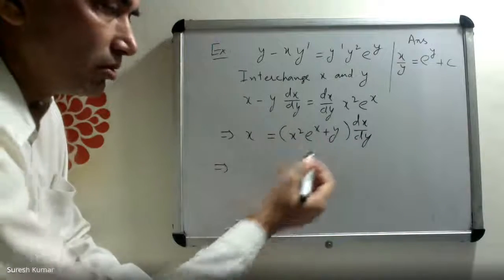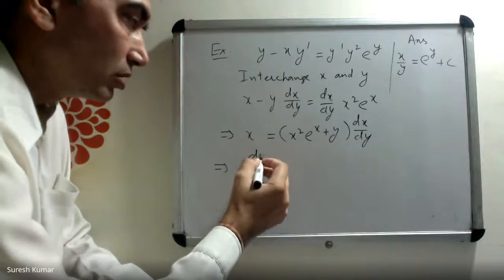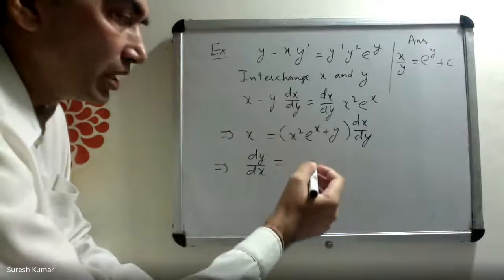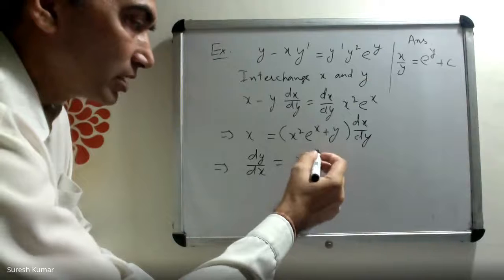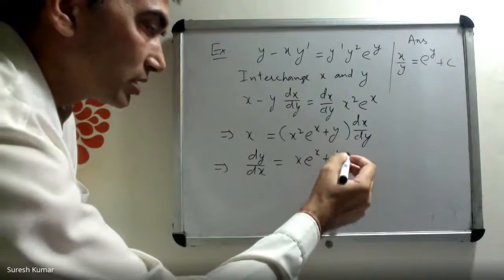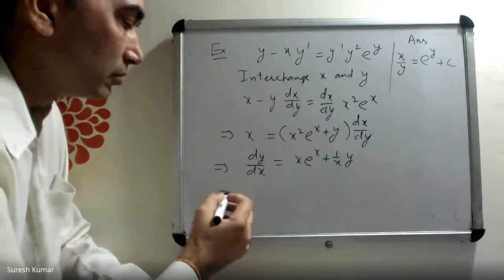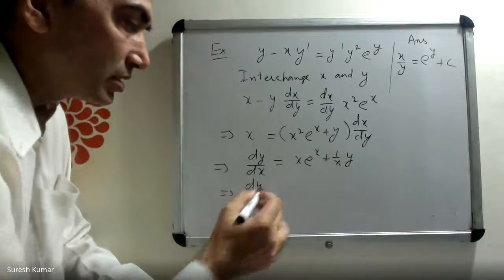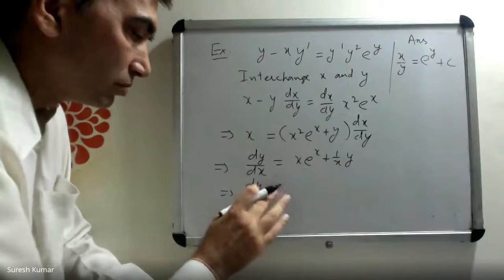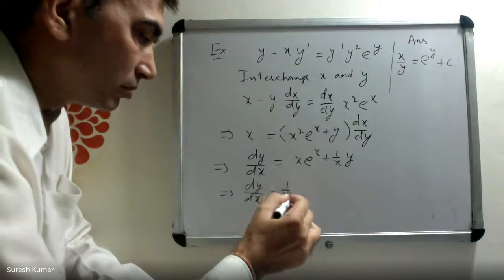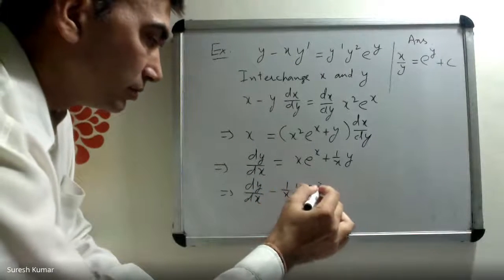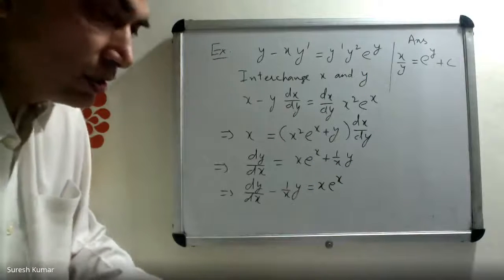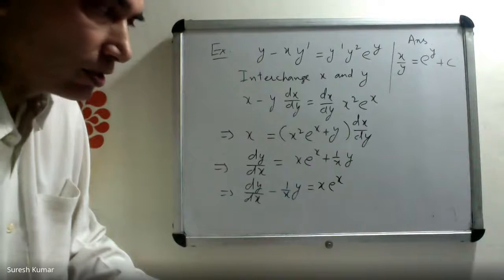Now take this dy by dx to the left side. So what do you get? dy by dx equal to, dividing by x, x e power x plus 1 over x y. Now you are able to see it exactly as a linear differential equation. Isn't it? It's a linear differential equation in x and y.